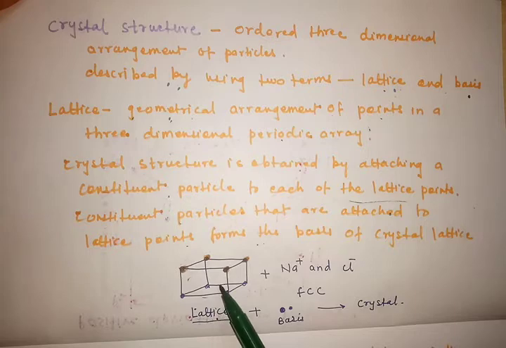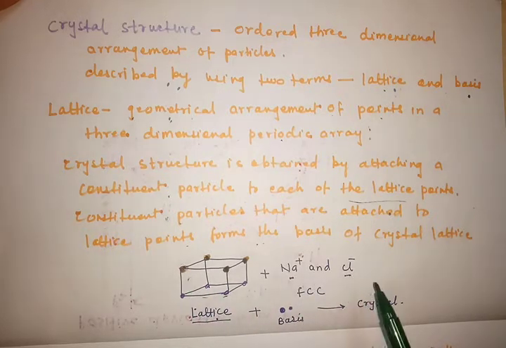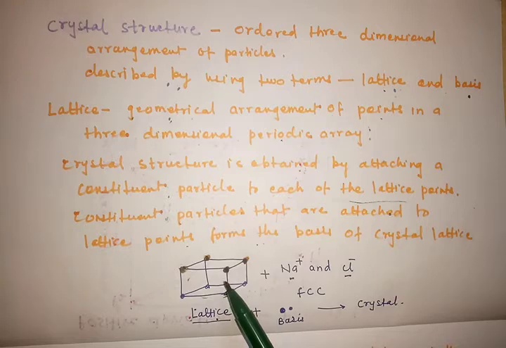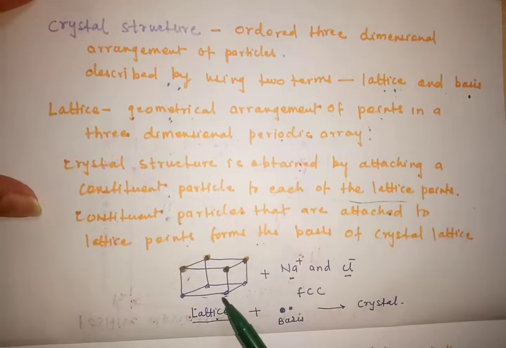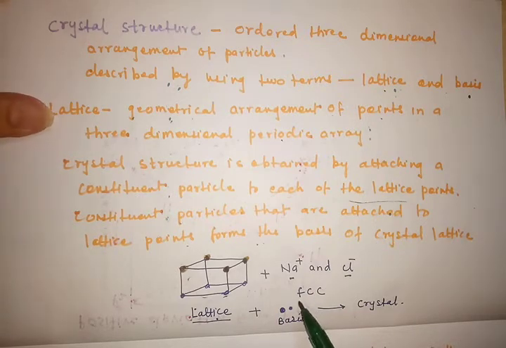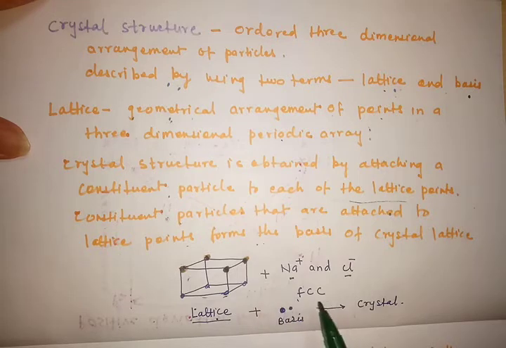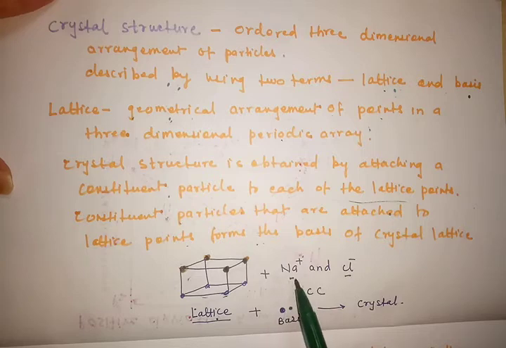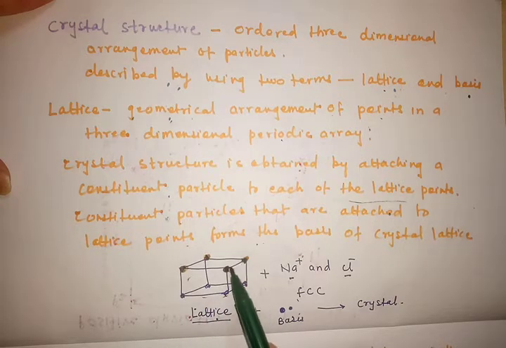If you consider this as a lattice and these points, suppose in the case of sodium chloride, the sodium ions and chloride ions will be arranged in a fixed pattern in this lattice, and actually sodium chloride has a face centered cubic lattice. We will study this further, but for this instance, the sodium and chloride ions are placed in a fixed pattern at the corners, and you can call these a basis.